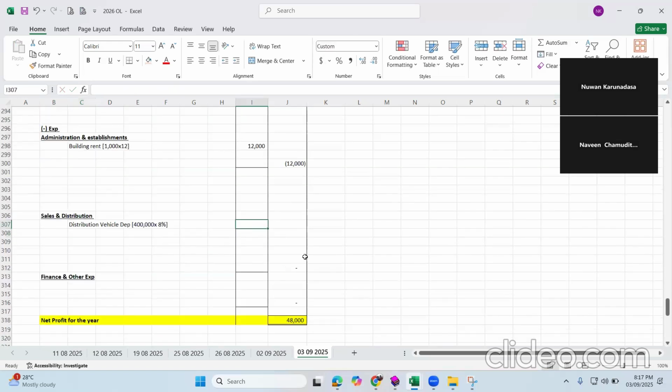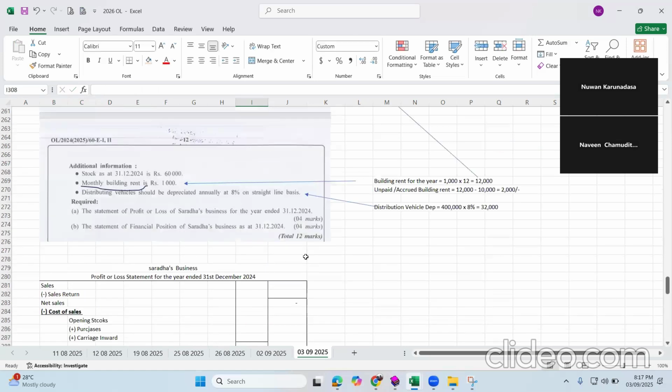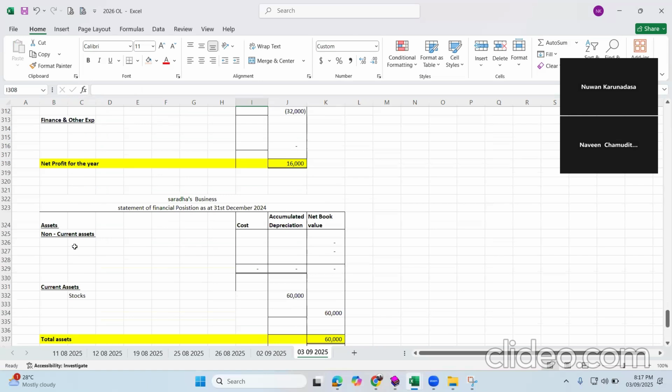Then the depreciation came 32,000, right? Then in the statement of financial position, non-current assets, distribution vehicle, cost is 400,000.